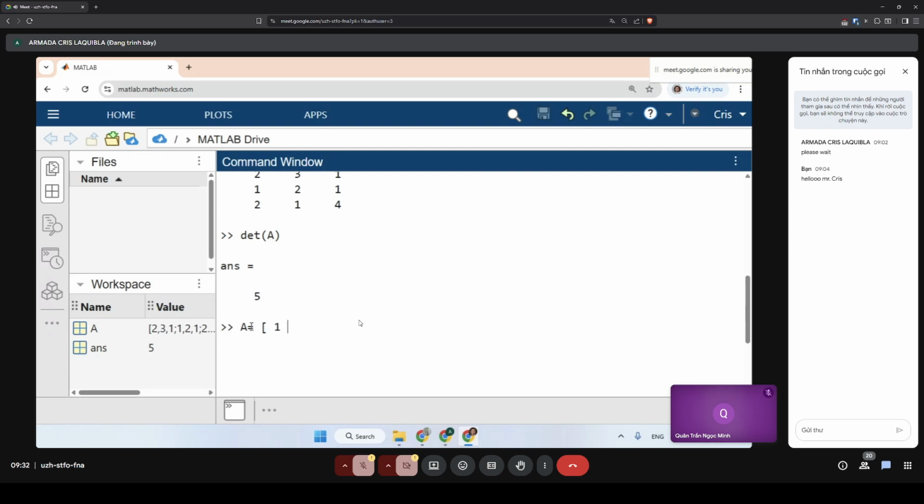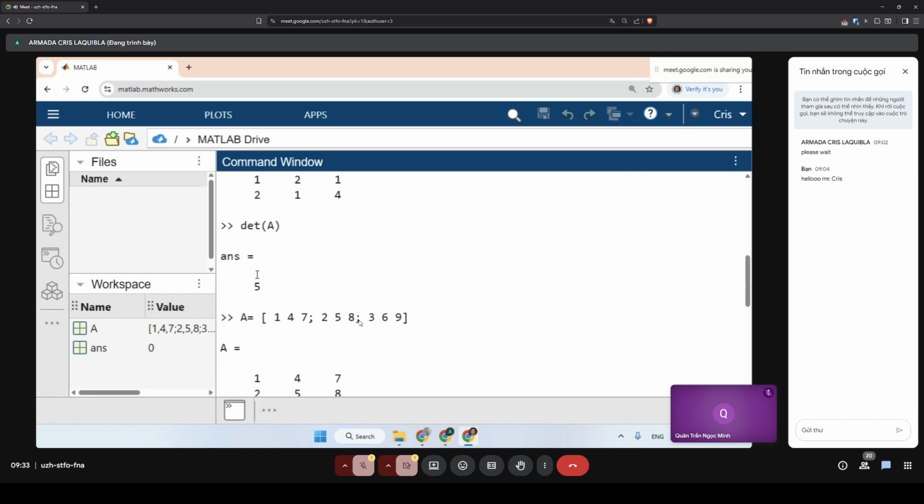By the way, class, if you write another A here in the system, it will get the newest A value. So the previous matrix A, the system here will not accept that anymore. Since I define here another A, if you mention A like this, determinant of A again, it's here 0.